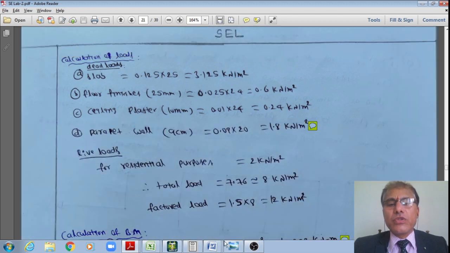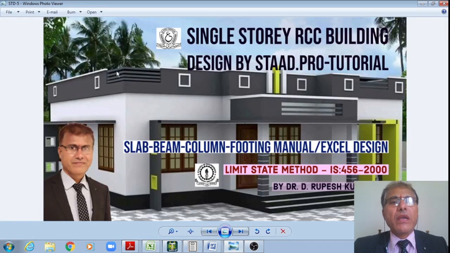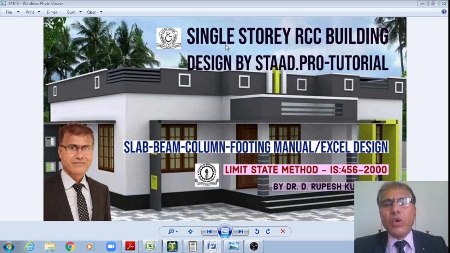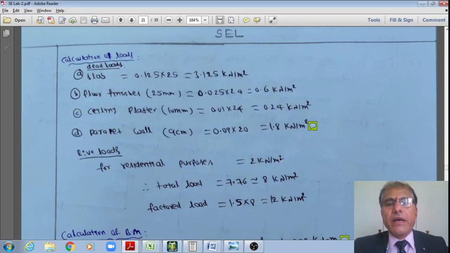Now also what I have shown here is that a parapet is provided, 0.9 meter height parapet, right? Now what we can do is that the parapet load can also be taken as a UDL on the beam and you can analyze, or alternatively what I am doing now is taking the total load along the periphery of this building and assuming it to be uniformly distributed over the entire area, right?